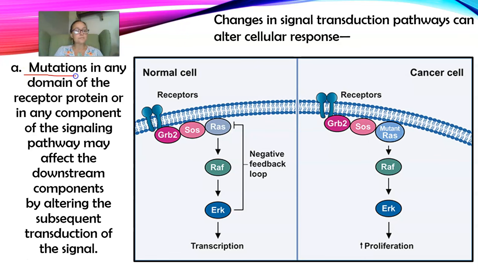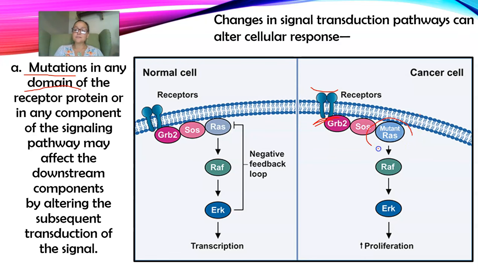So earlier when I was talking about the different domains of a receptor protein, a mutation in the receptor region or in the intracellular part could cause malfunctions in our cells, and so they can affect any part of it. One example is in a relay protein called RAS.